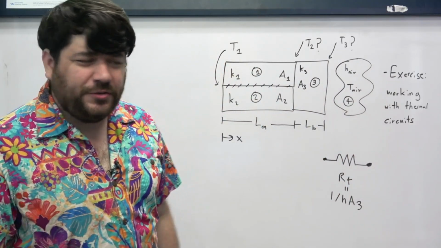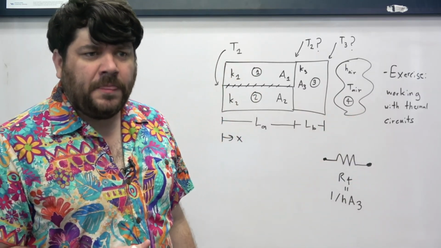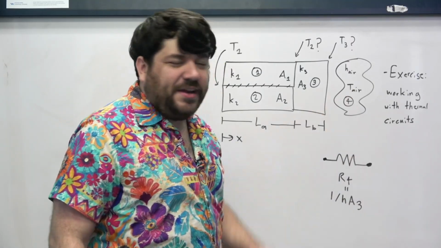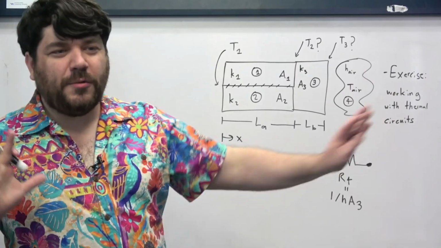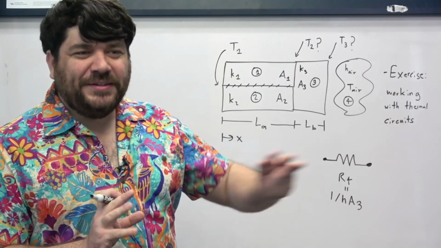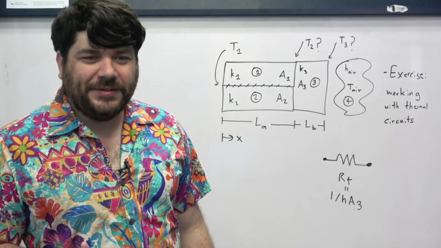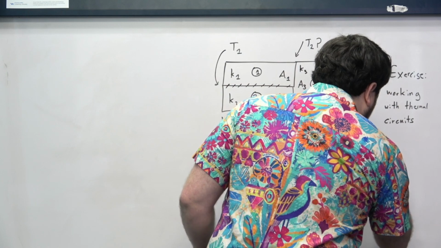So what are the temperatures on either side of this convective element? From the perspective of convection, it's helpful to imagine that this characteristic temperature is the temperature of the air far away, when it's not being perturbed by the weird thermality of this composite wall. And so this temperature over here on the right should be T air.